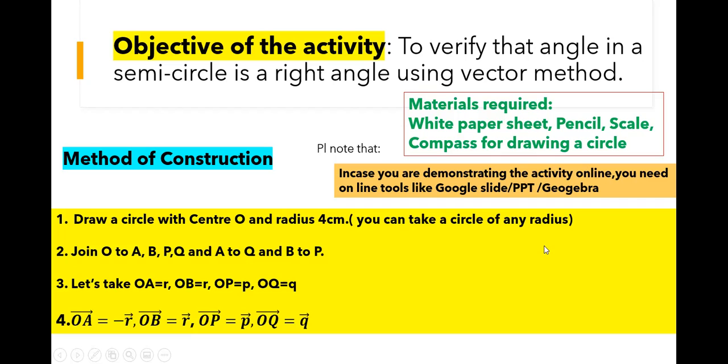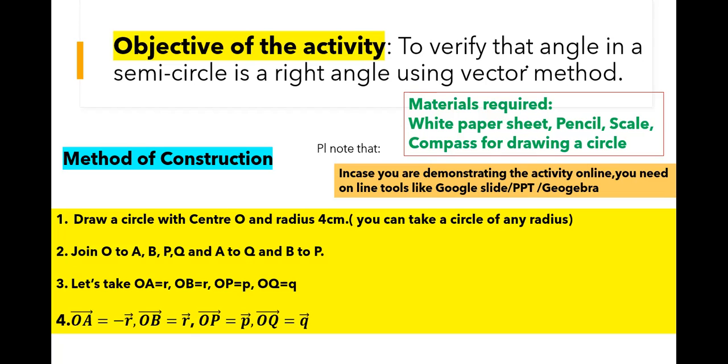Draw a circle with center O and radius 4 centimeter, or you can take a circle of any radius. Now join O to A, B, P, Q and A to Q, B to P.